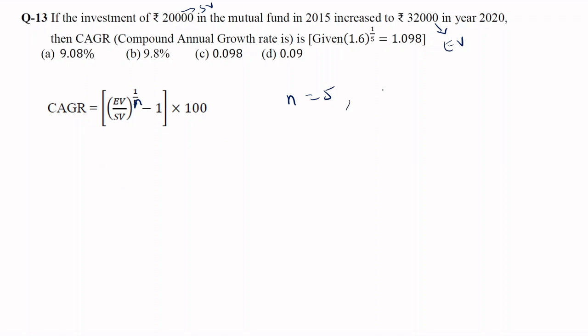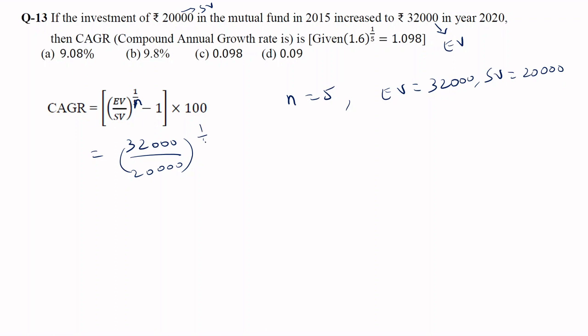If we substitute all these things, we can find the compound annual growth rate. The ending value is 32,000 and the starting value is 20,000. So this is (32,000 upon 20,000) the whole raised to 1 by 5, minus 1, into 100. Here the value is given as 1.6. This is 1.6 the whole raised to 1 by 5, minus 1, into 100. The value is given in the question itself.